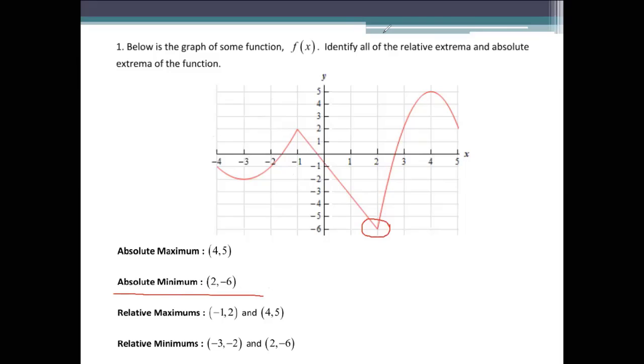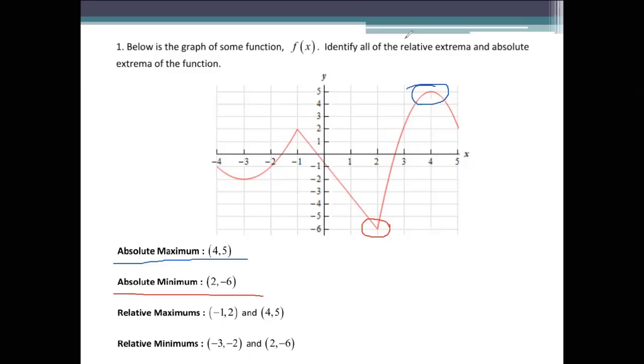Now we can see the absolute maximum is at this point, 4 and 5. So we also have relative minimums and relative maximums.